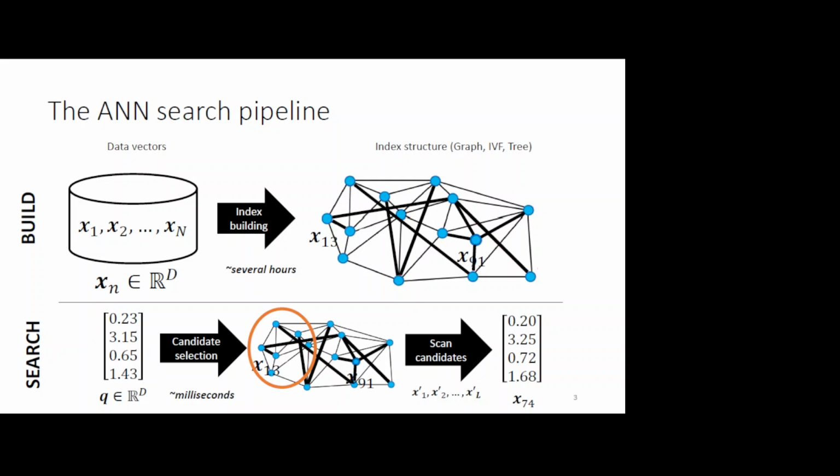Here we select a set of candidates from our graph structure, to recall our lecture last week, where we presented how to do the search in a graph structure. You will scan a set of candidates and then find the nearest neighbors to the query. And usually the query process spends just milliseconds, so it's very fast.